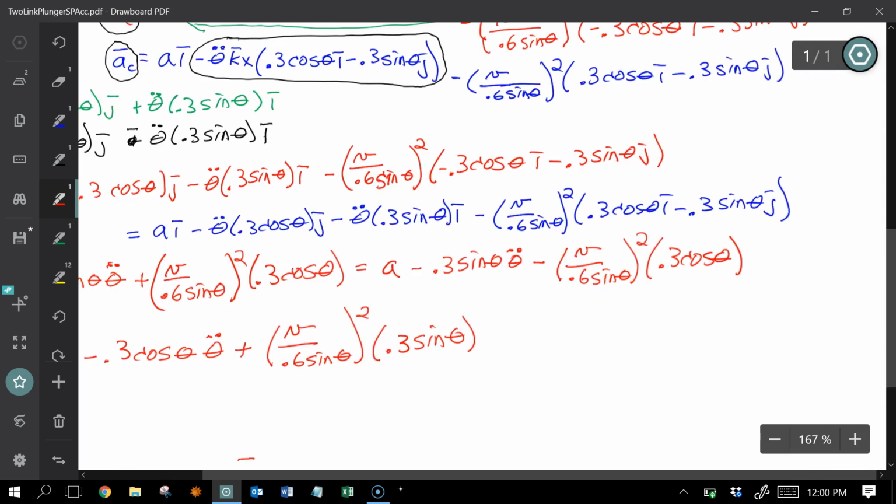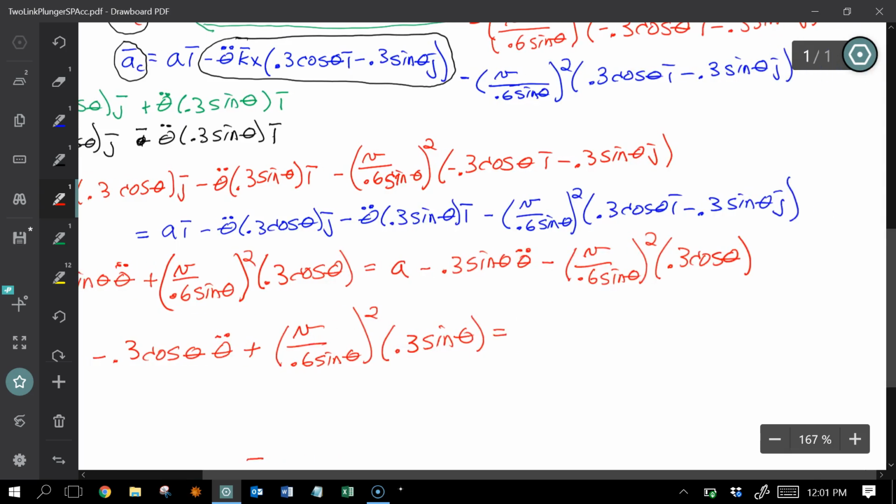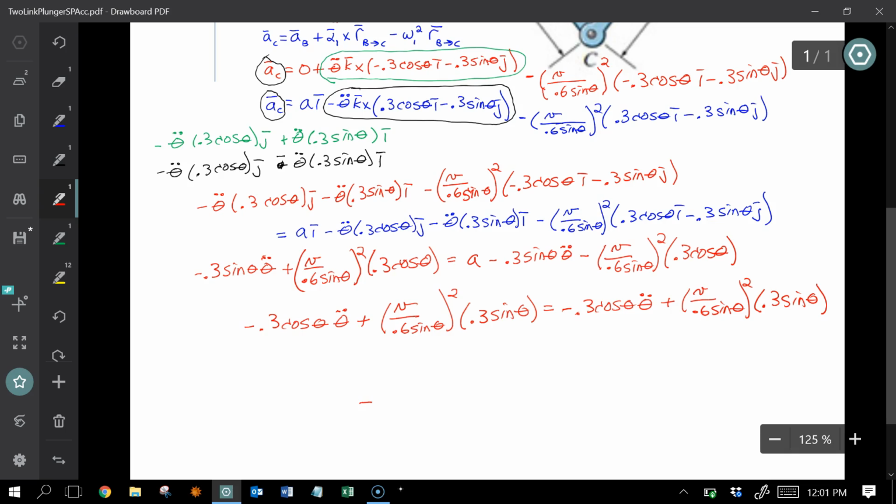On the right-hand side, the blue stuff, you have j's, a negative 0.3 cosine theta, theta double dot, and here's another j, so minus minus, you have a plus, v over 0.6 sine theta squared times 0.3 sine theta. Okay, so there's my equations, two equations.